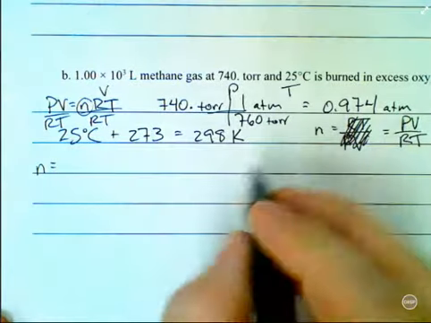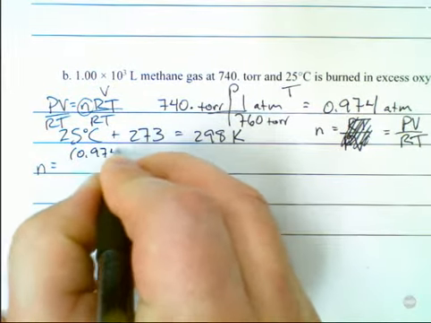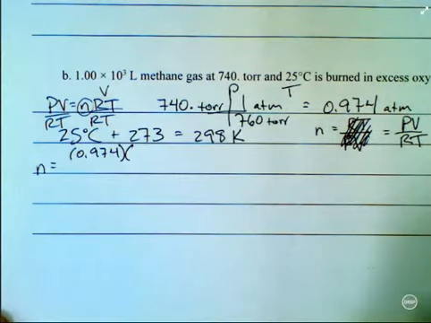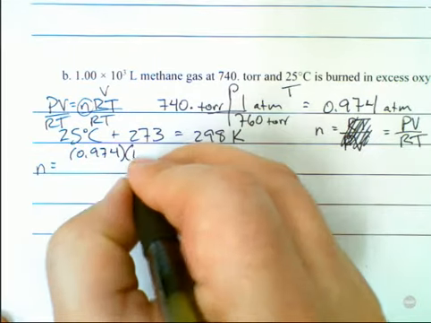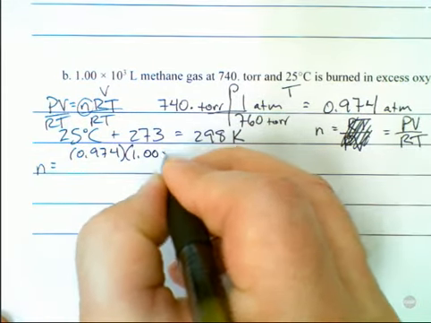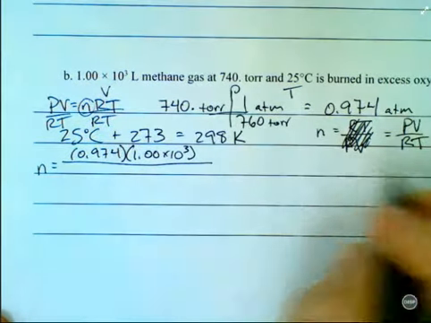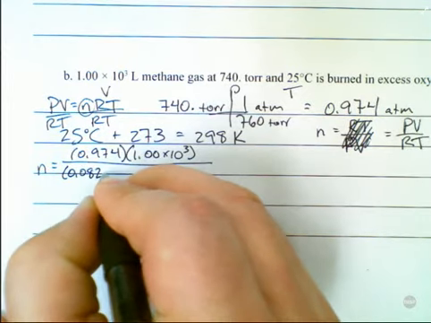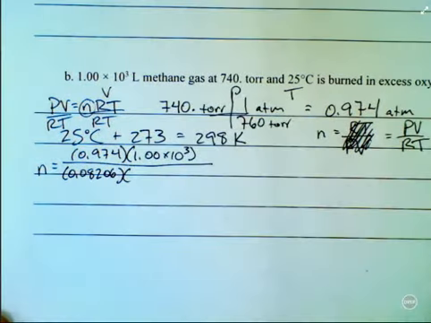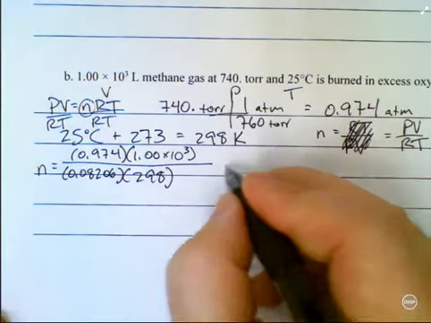Alright, so I'll take my 0.974, multiply that by my volume, which is 1.00 times 10 to the third. And I'll divide by 0.08206 and 298 Kelvin.